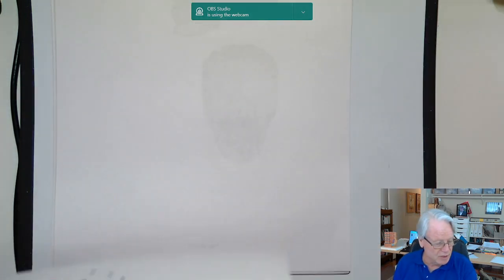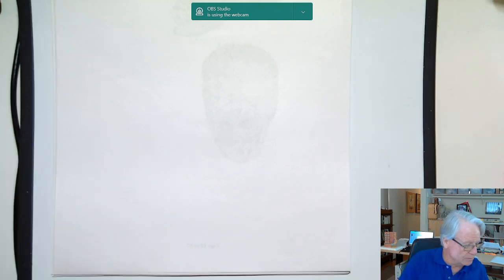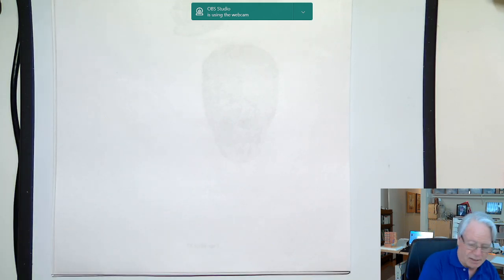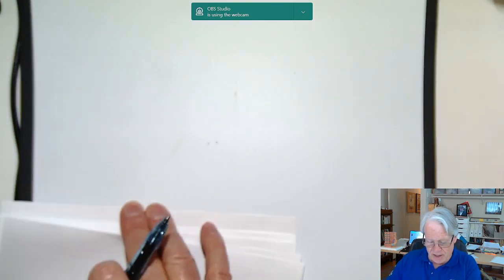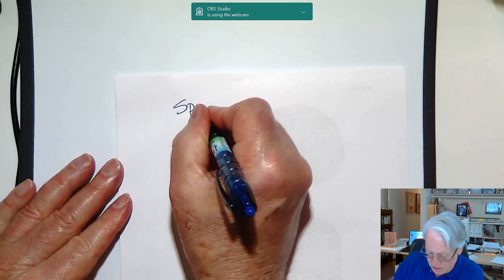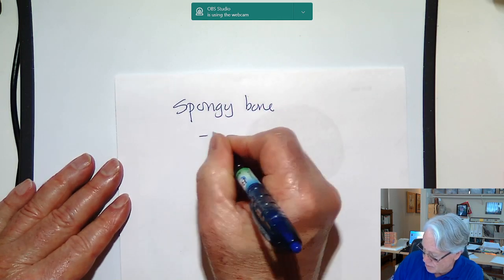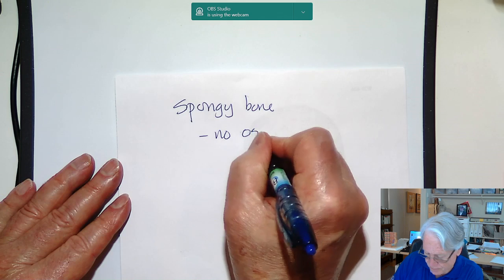What about spongy bone? What's happening with spongy bone? Well, spongy bone is not like that at all. In fact, spongy bone has no osteons. So no osteons.